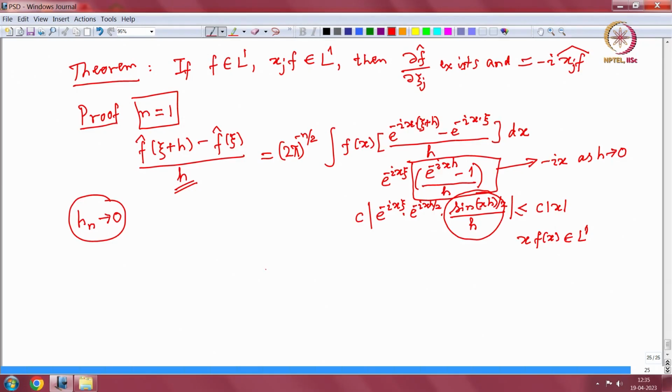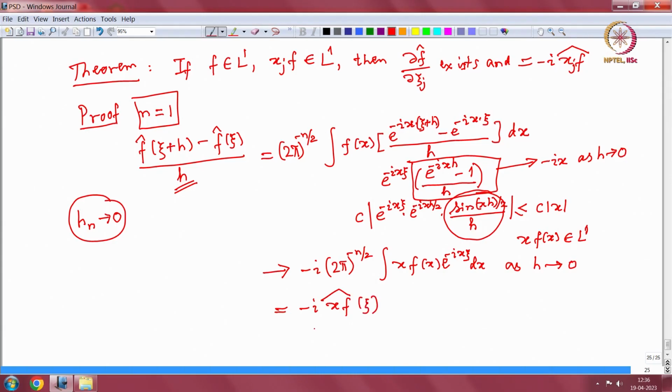So, by the dominated convergence theorem, this goes to minus i 2 pi to the minus n by 2, x f x e to the minus i x j, as h tends to 0, and that is precisely minus i times the Fourier transform of x f.